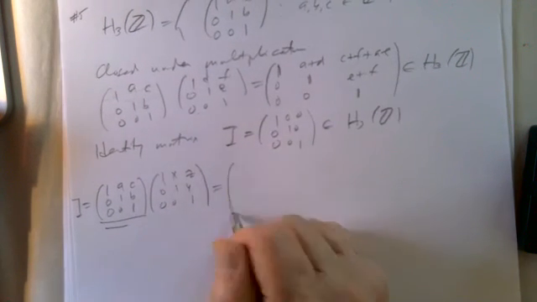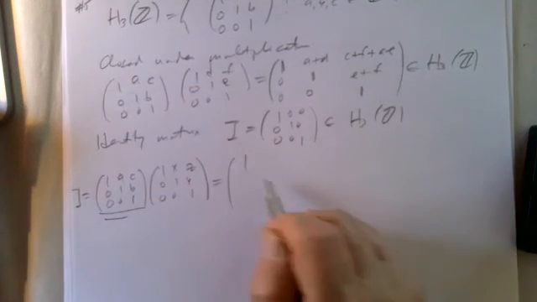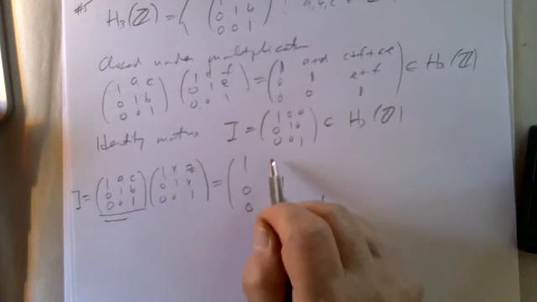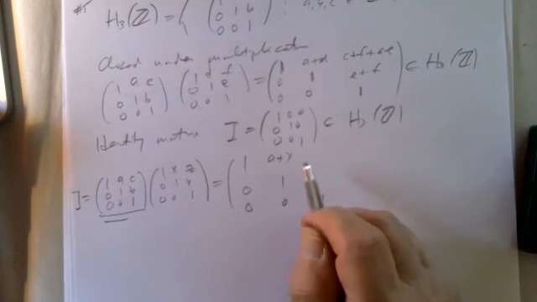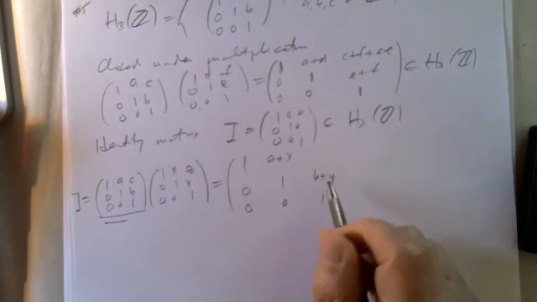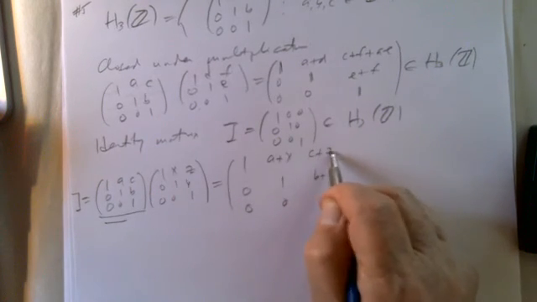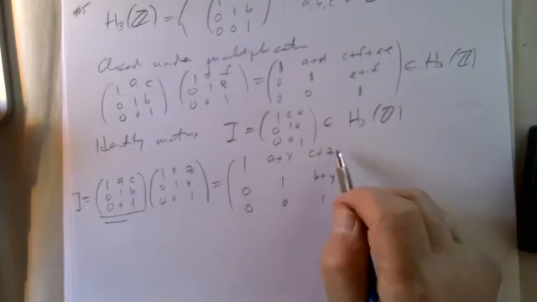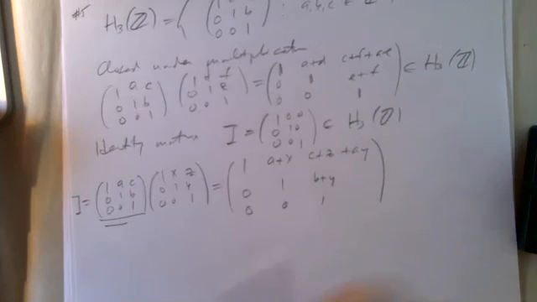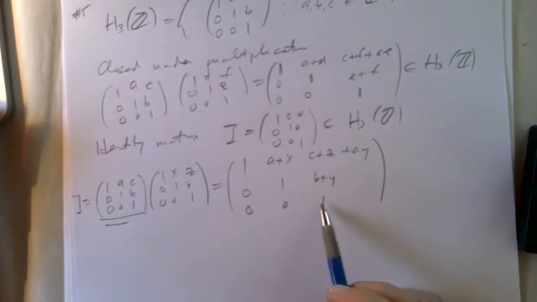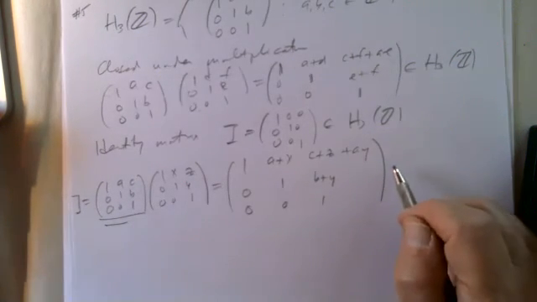And now we have the rule for multiplying two matrices. It looks like this. Here we have A plus X. Here we have B plus Y. Here we have C plus Z plus AY. So if you take this matrix times this matrix, this is what you get.